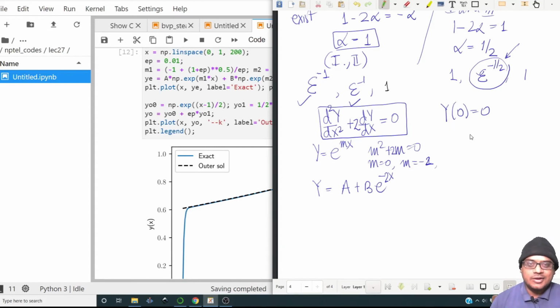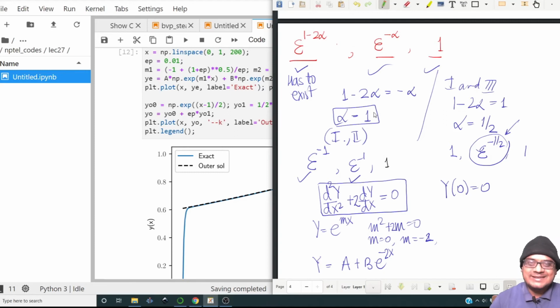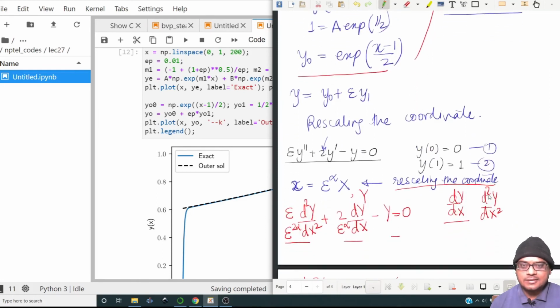Now obviously we have done something to make this second order derivative exist in this equation, and that thing is finding out a rescaled coordinate so that the second order derivative is now relevant in the problem, unlike the first approximation where it completely went to 0. So alpha was equal to 1. So let us see what happens to the coordinate in that case.